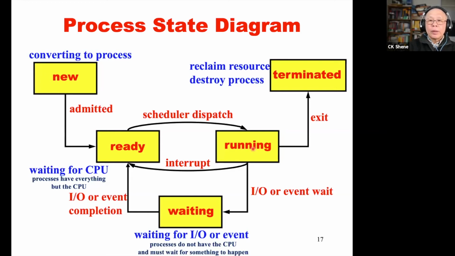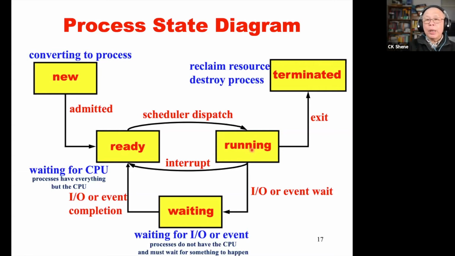Then the operating system simply moves this running process back to ready due to this interrupt. Why is the running process moved back to ready? It's very simple to understand. If a process is running, it means that running process has everything.